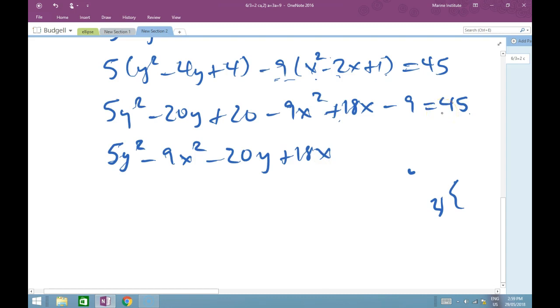We're going to have 20. Something seems to be wrong with this pen. Sorry about that, folks.